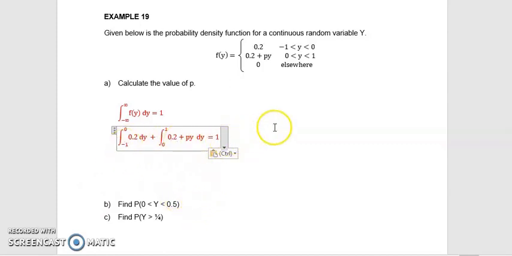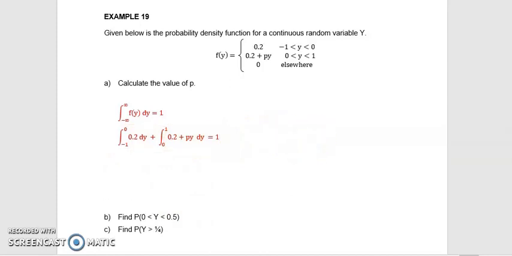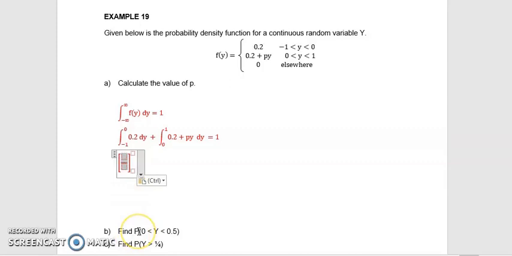These two total should be equal to 1. Now integrate this function. Integrating 0.2 dy, we get 0.2y, with y equal to 0 as upper limit and y equal to -1 as lower limit.